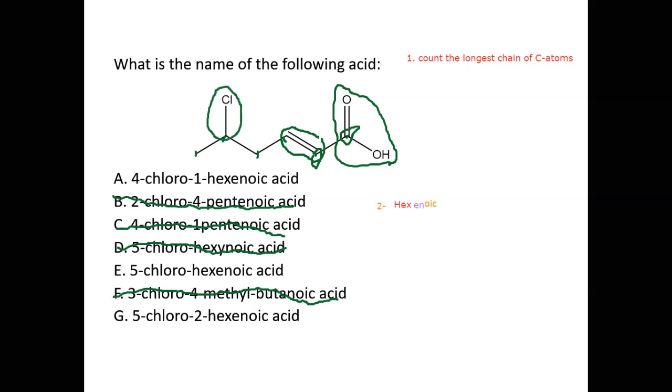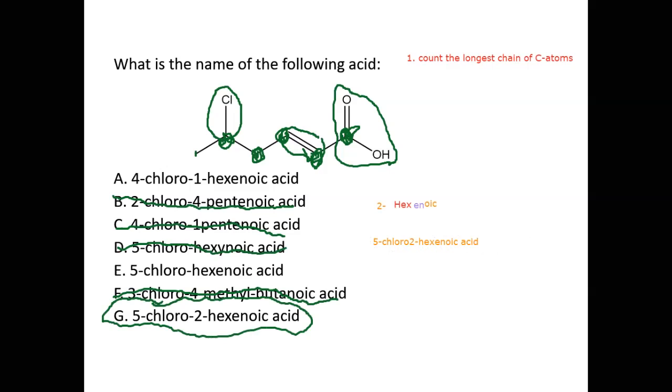And chlorine comes after which carbon? When we start again from the carboxylate, we go 1, 2, 3, 4, 5. So when we write this, we would write it as 5-chloro-2-hexenoic acid, which would be G. G is the correct answer because it's 5-chloro-2-hexenoic acid.